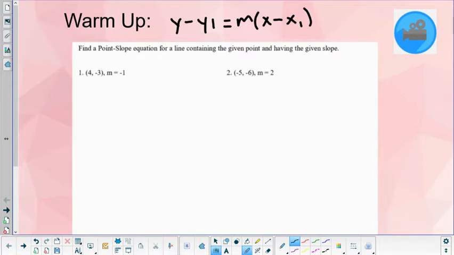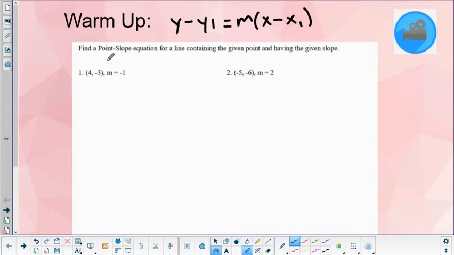Okay, so you could absolutely use that formula. The other option is to just substitute all of your values into y equals mx plus b. Since we have two problems here, I'm going to do one of each, and you should get the same answer no matter which way you do it.